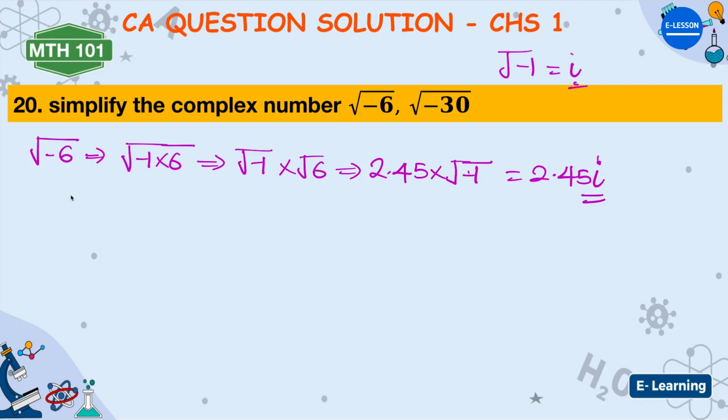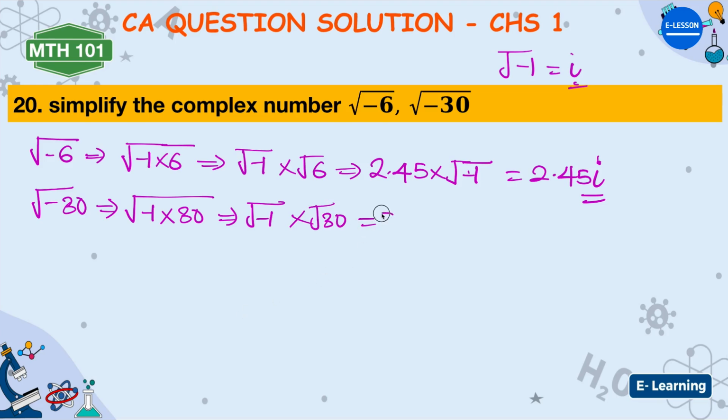Then root minus 30 will be equal to root minus 1 times 30. Is there any perfect square we can get from here? No. So it will become root minus 1 times root 30. Now, my dear student, root 30 will give us 5.47.